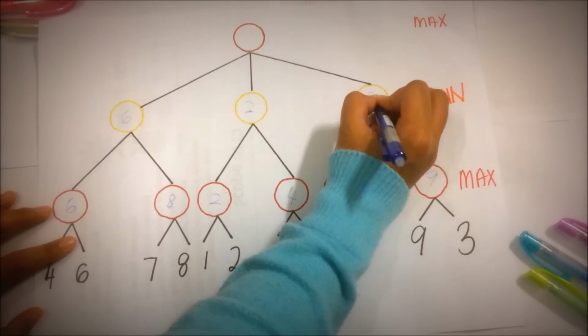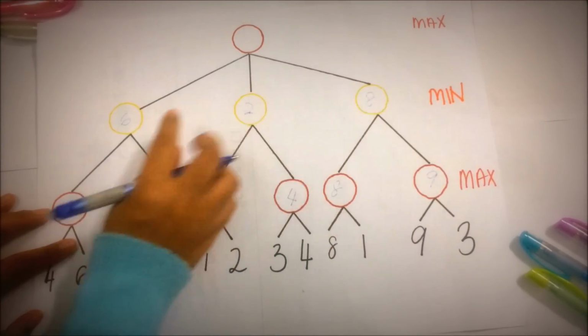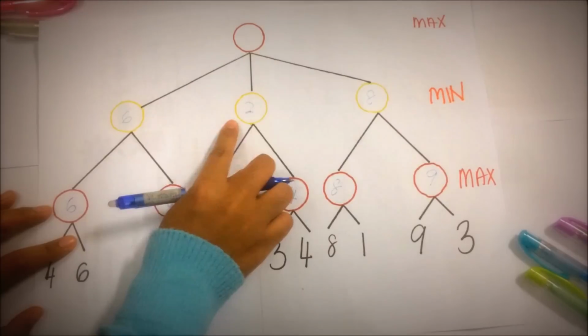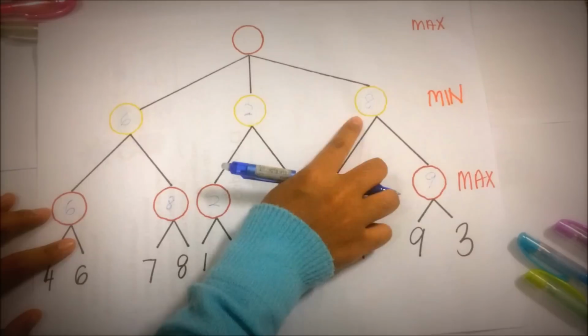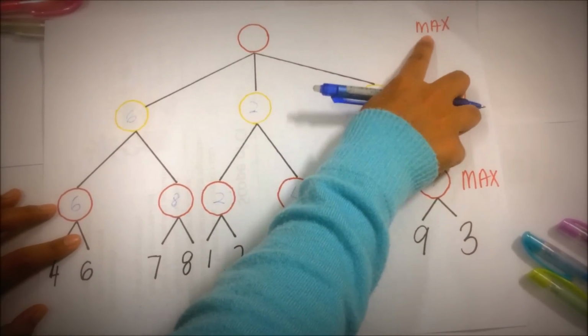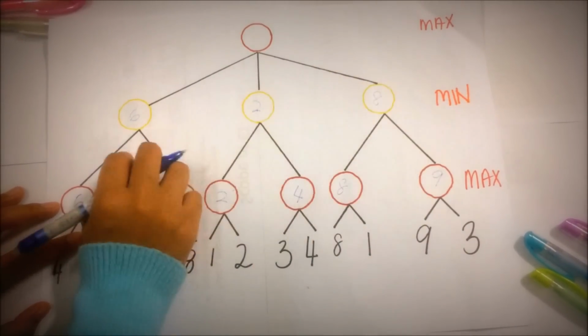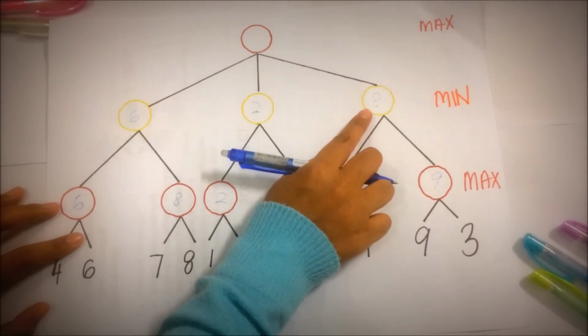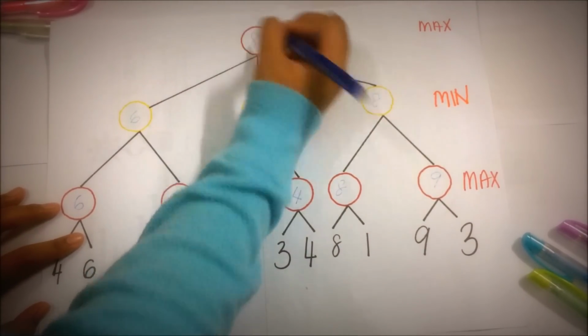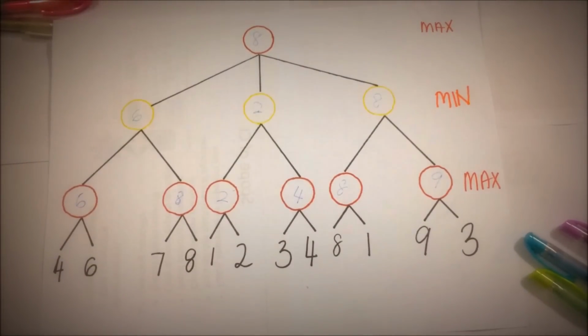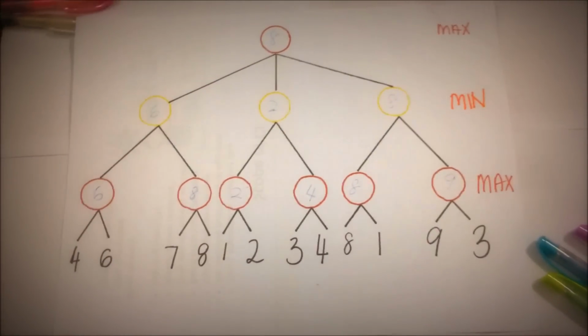Next, for its minimum ancestor, between 9 and 8, we will choose 8 since 8 is less than 9. For the maximum node, which is the root, we have to choose between 6, 2, and 8. We pick the maximum value between these three, so 8 will be the maximum value.